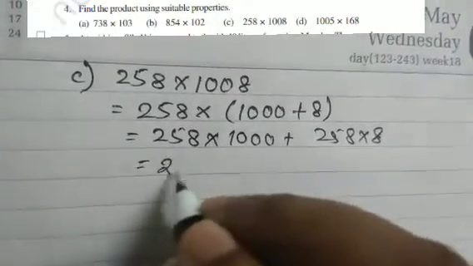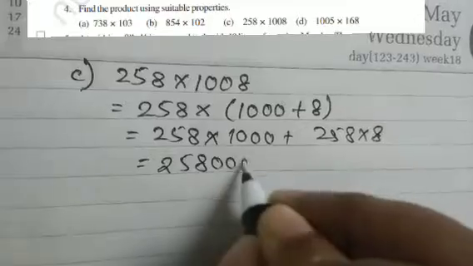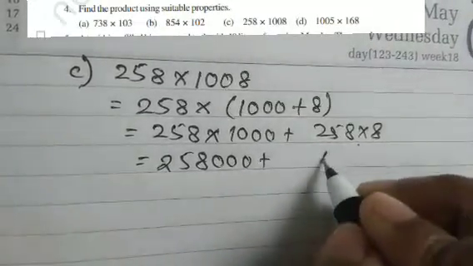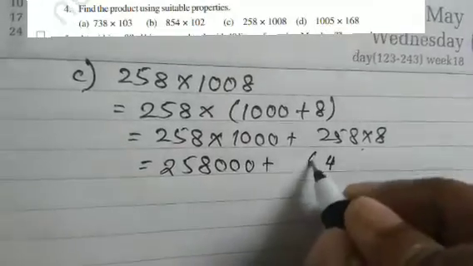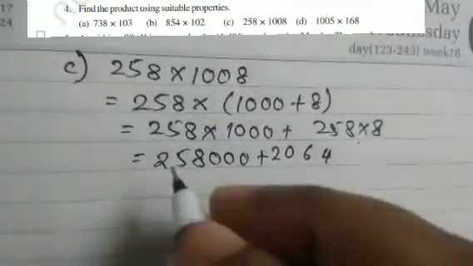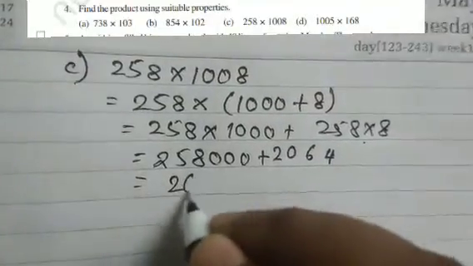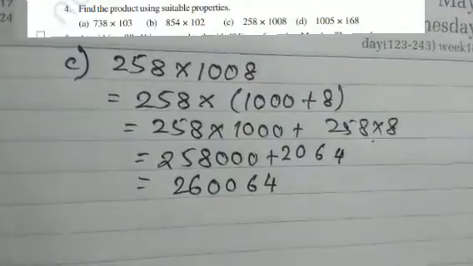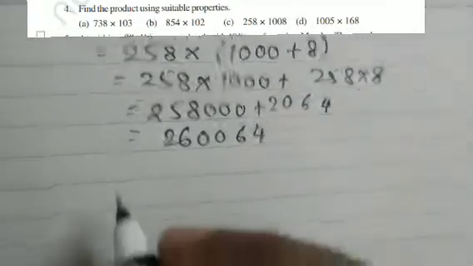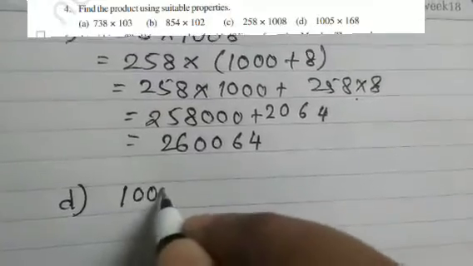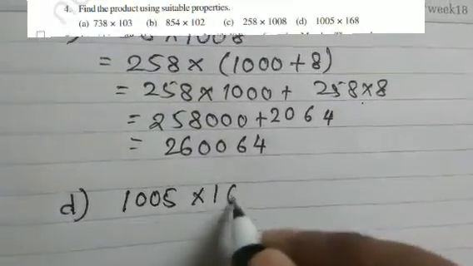So this is 258000 plus 258 into 8, which is 2064. Fine. So this is 260064. Okay.